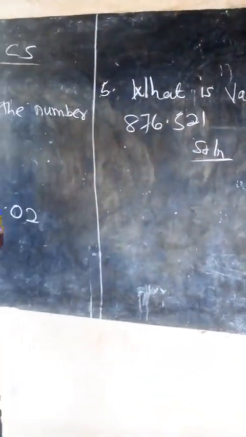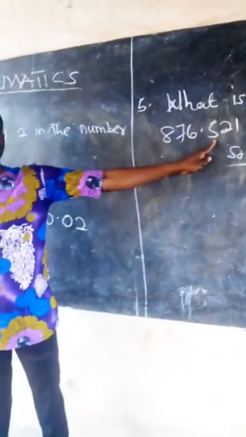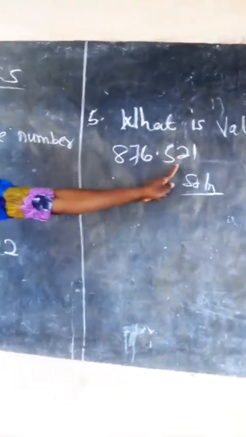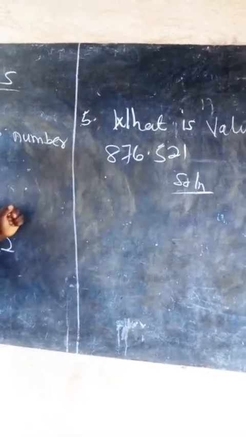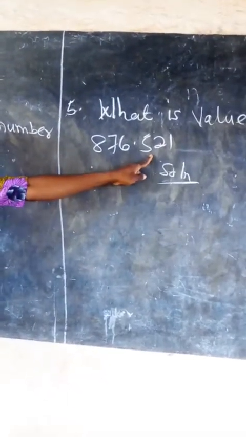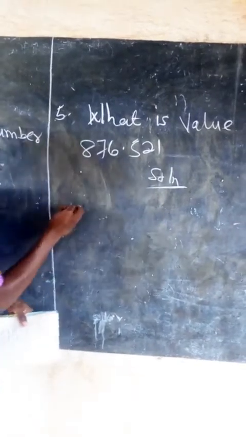So this is our 5. Here is 5. 5 is in the tenths. At the back of the decimal place, it is less than 1. So 5 is in the tenths.